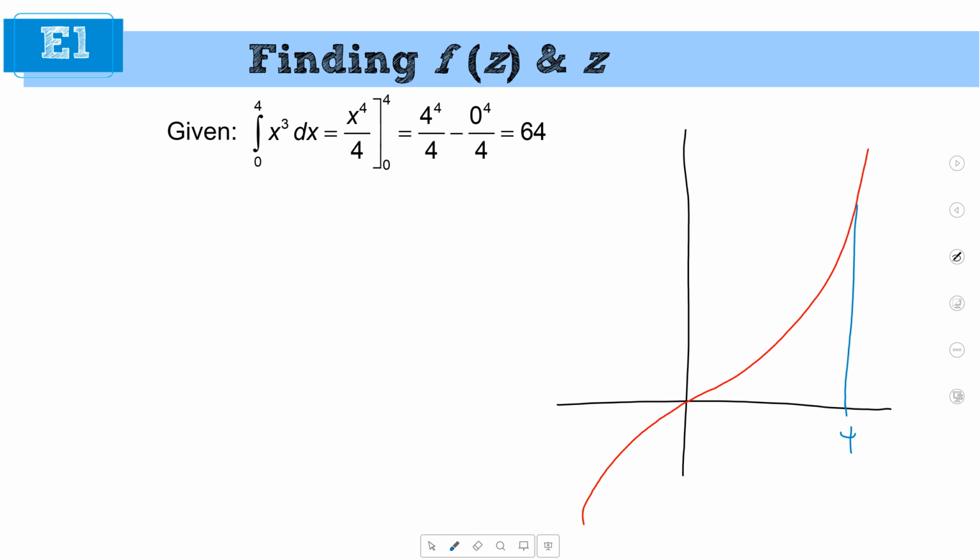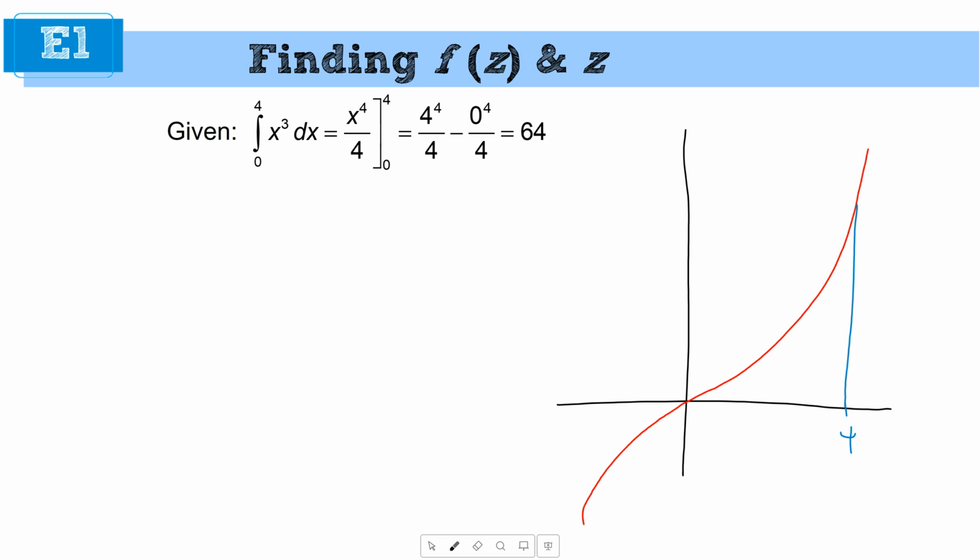Okay. So, somewhere along here, from 0 to 4, there's a horizontal line. The horizontal line would be drawn in such a way that everything above the horizontal line up to the function would have the same area as everything below the horizontal line down to the function.